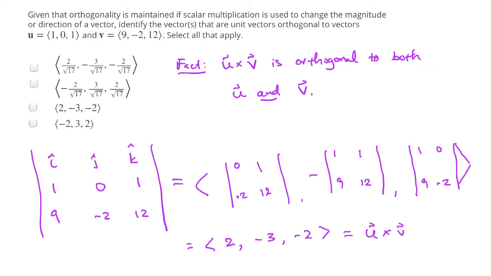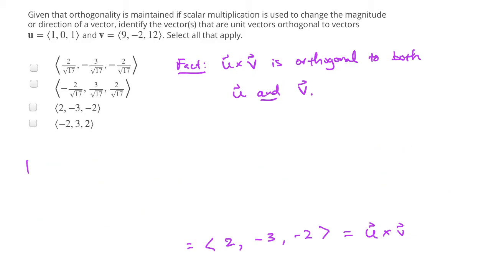If we then check to see what the unit vector is going to be for that vector, we find that the length of our cross product is the square root of 2 squared, which gives us 4, plus negative 3 squared, which gives us 9, plus a negative 2 squared, which gives us a 4. And so we have the square root of 17.